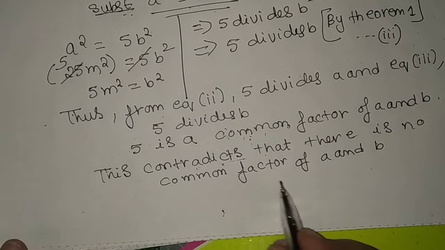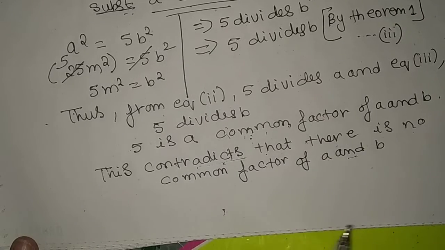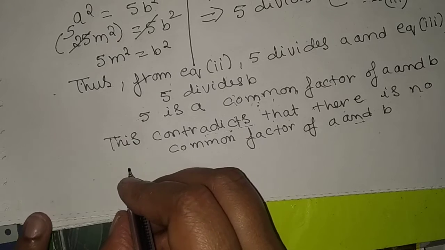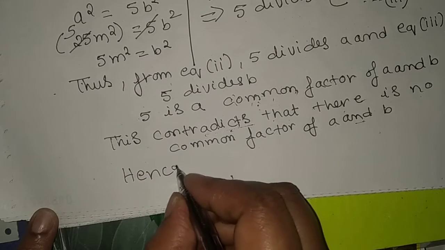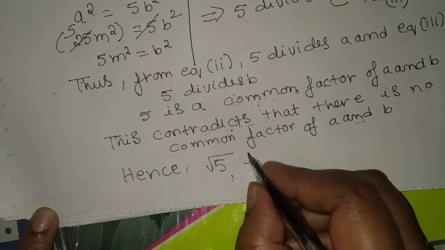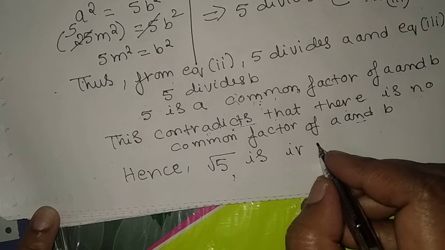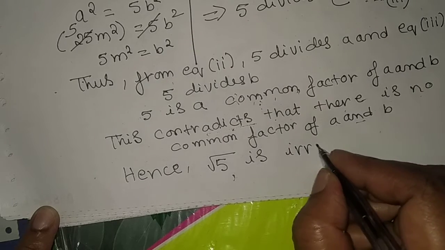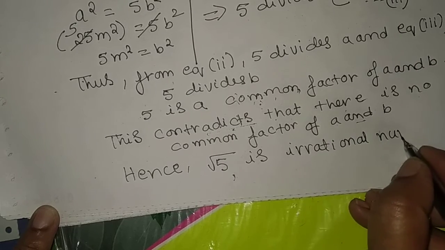So the contradiction of this is there is no common factor of a and b. Hence we can write root 5 is an irrational number, hence proved.